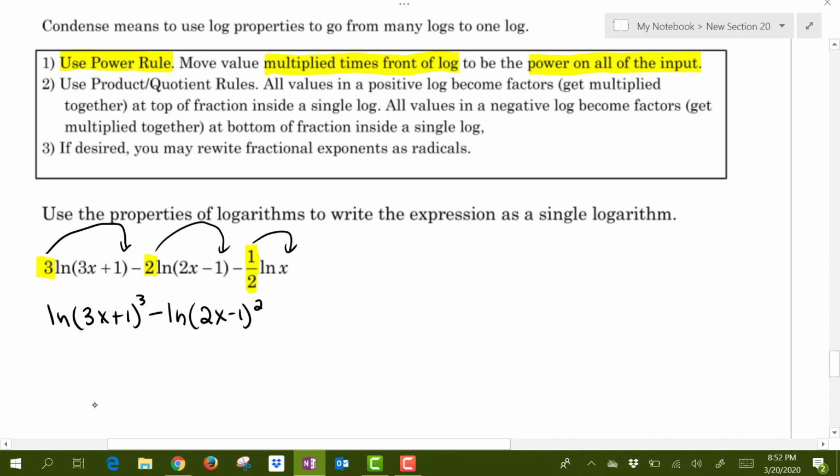Typically we prefer to have positive exponents, so I'm just going to leave the negative. I'm just going to take the number as the power. So that last one becomes negative natural log of x raised to the 1/2 power. So the number itself doesn't change, it just becomes the power on all of the input for that log.